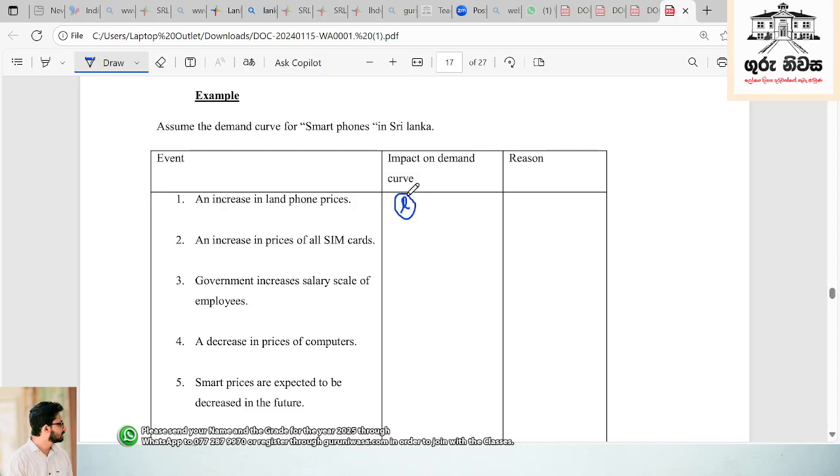Reason, write down: increase in prices of substitute goods.